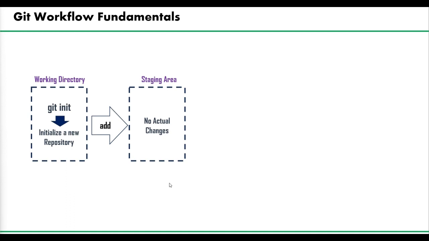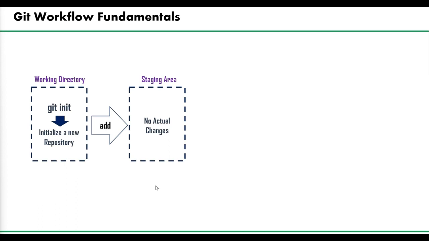The Python file is just an example that I'm giving you here. To do that, again, we use the add command. Let me give you some information about the staging area. The staging area is an intermediate step between your working directory and the local repository that I will explain in the next step.